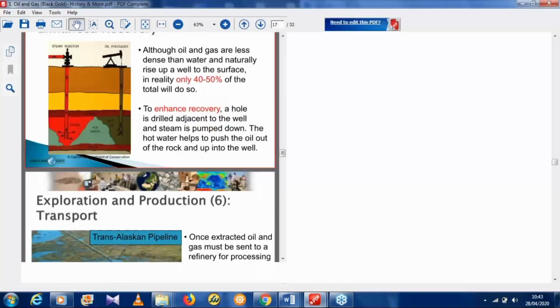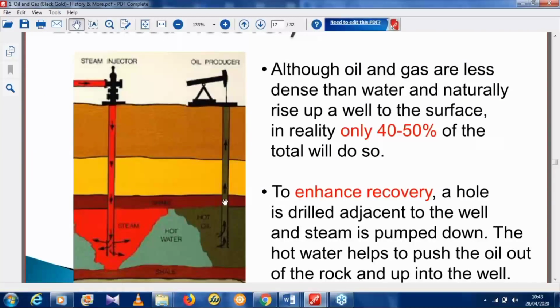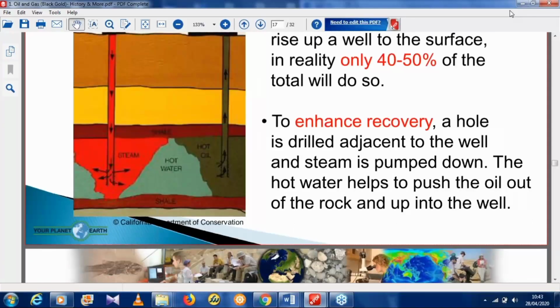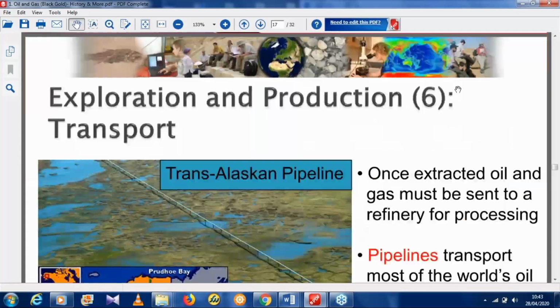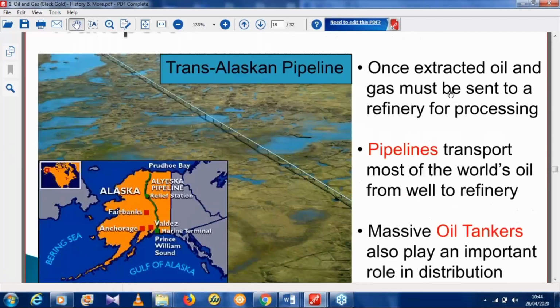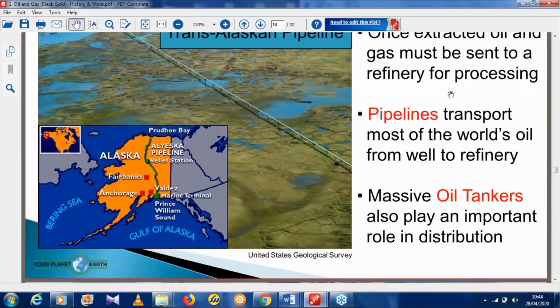There is also injection of some things sometimes to enhance recovery of some of this oil. That's the process for drilling, which will also be emphasized, and we played that video in the previous class. Because of time, we might not be able to do that now.